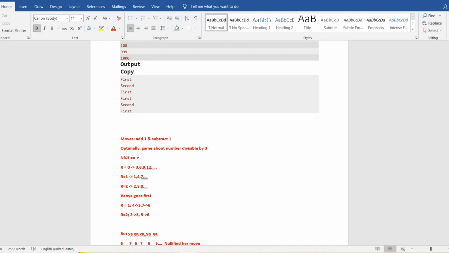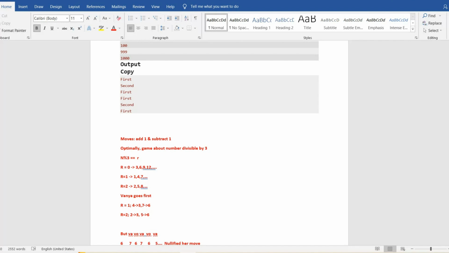So for this thing, Boa always tries to nullify Vanya's move. If Vanya is just subtracting, Boa just adds it and makes it 6 again, so that Vanya is not winning. So in every possible solution, Boa wants himself as the winner.